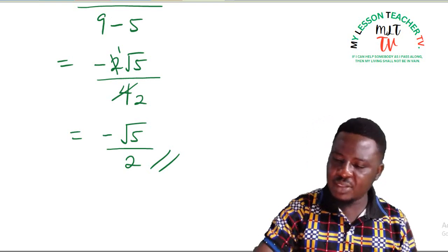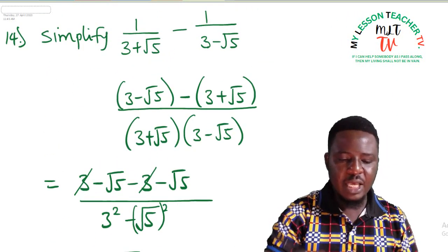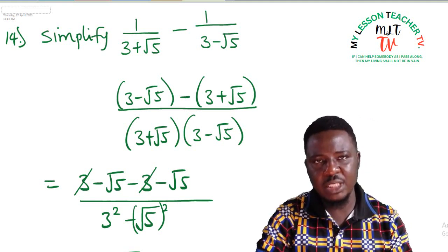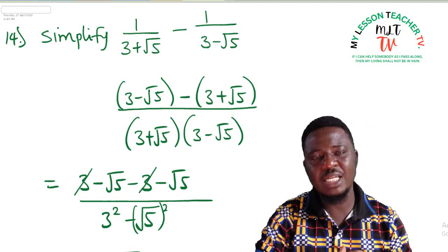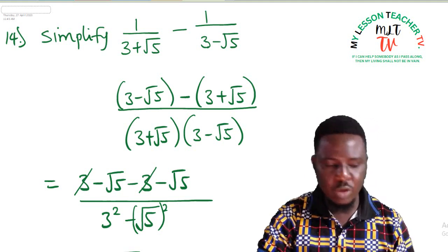So whenever you are asked to rationalize, all you need to do is, if it is a binomial expansion, you look for its conjugate and multiply both the numerator and the denominator by its conjugate. But if it is a one-term expression, you just multiply both the numerator and denominator by the denominator.